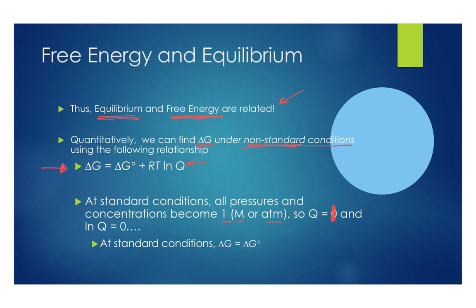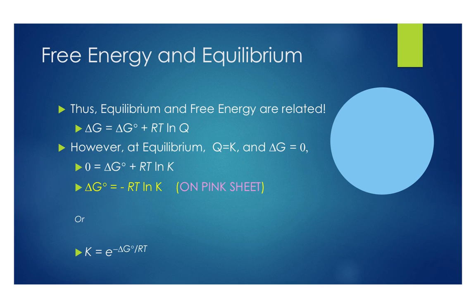So Q equals 1. And if we then take the natural log of Q for the expression, that natural log of 1 is 0, so that makes this entire term 0. So that would make sense. At standard conditions, delta G equals delta G standard. Okay. But if we're not at standard conditions, if we're at equilibrium, then Q equals K and delta G equals 0 by our definitions of equilibrium.